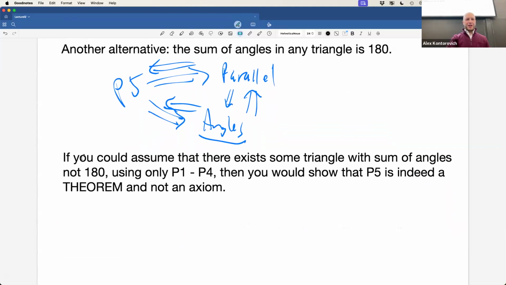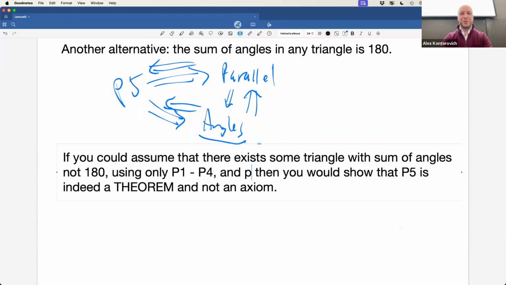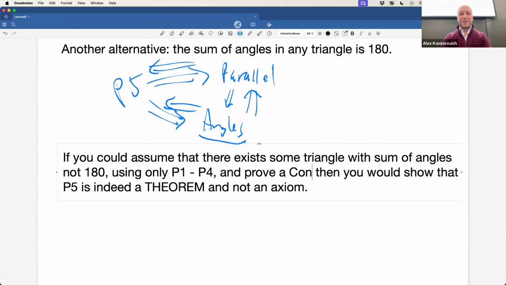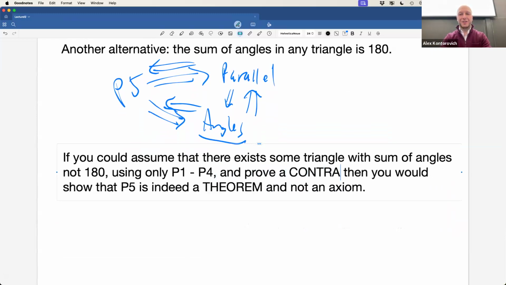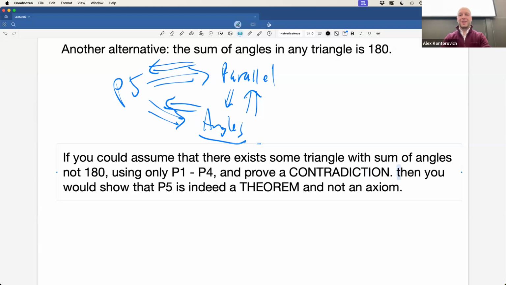Let's see, I've said something not quite right. If you could assume that there exists some triangle with a sum of angles not 180 and come up with a contradiction, then you would show that P5 is a theorem. In other words, how are you going to prove that P5 is a theorem?